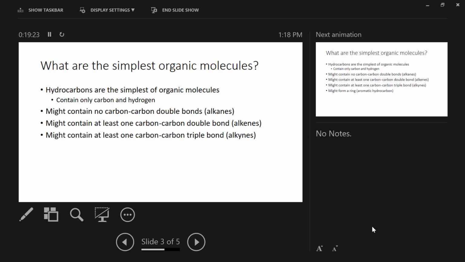How many bonds is this carbon making right here? 3. How many more does it need? 1. And it's going to be to hydrogen because this is a hydrocarbon. How many bonds is this carbon making? 3. So it needs to make how many more? 1, and it's going to be to hydrogen, and the formula for this is C2H2, and this is an alkyne.